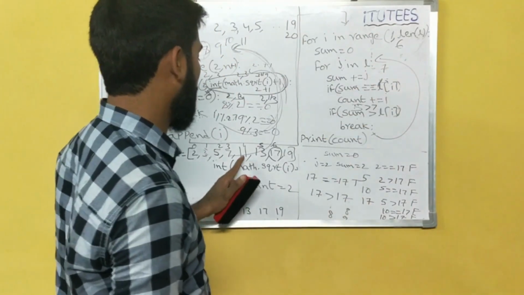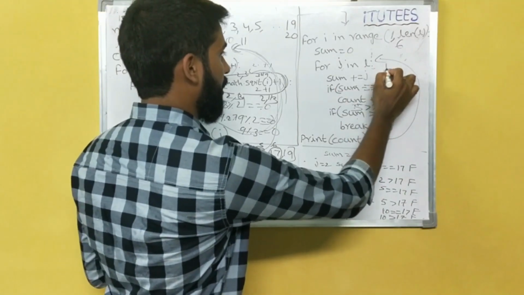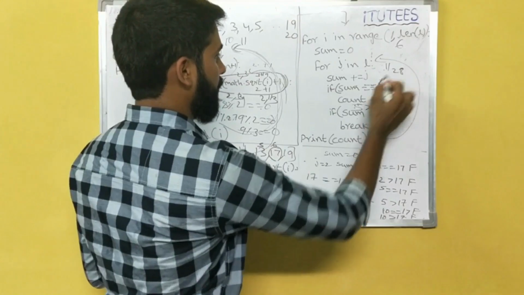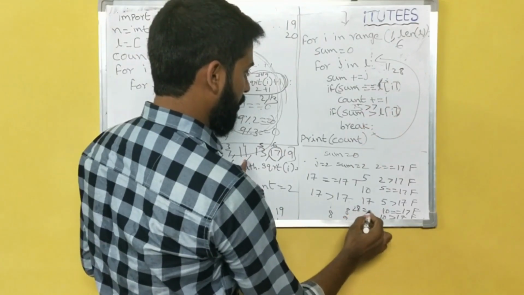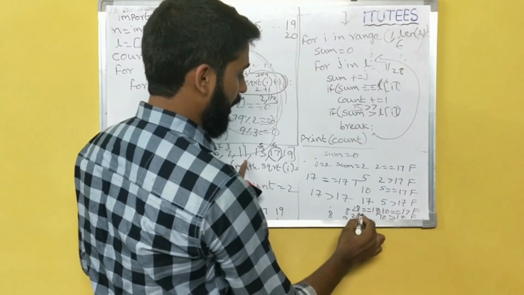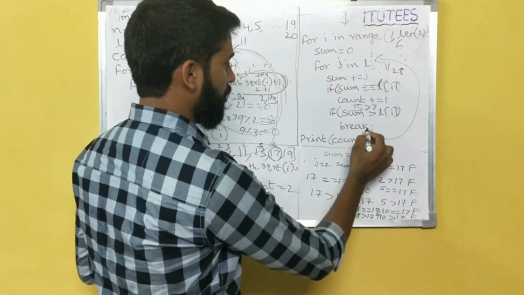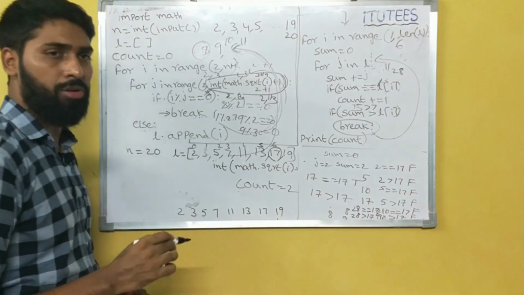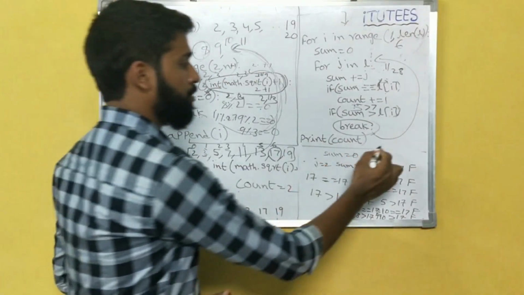The next instruction, j becomes 11. 17 plus 11, 28. 28 equals 17? No, false. 28 greater than 17? True. So break. At that time, the count equals 2. We are going to print 2.